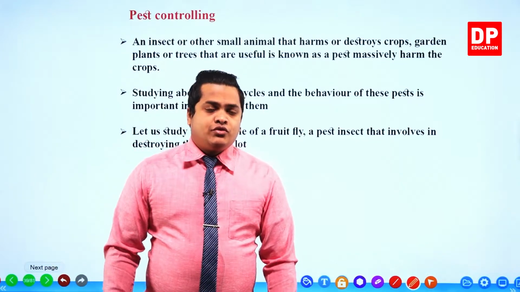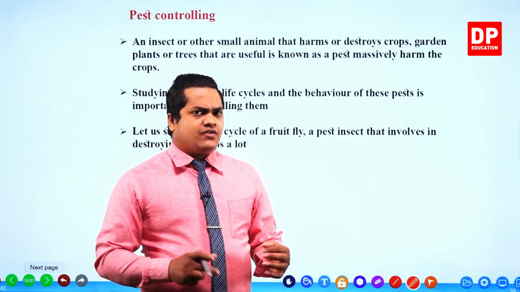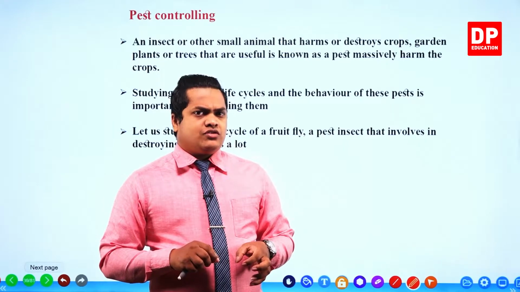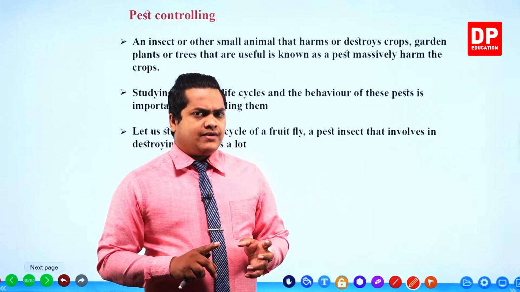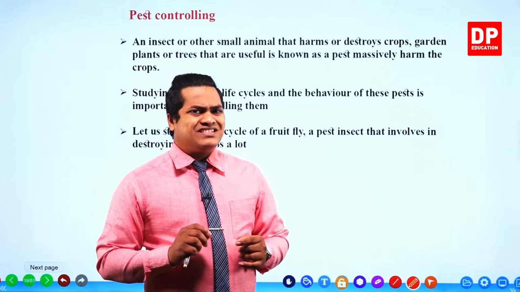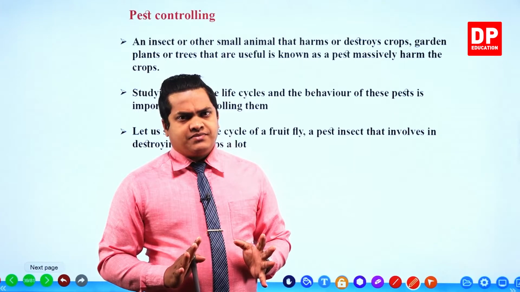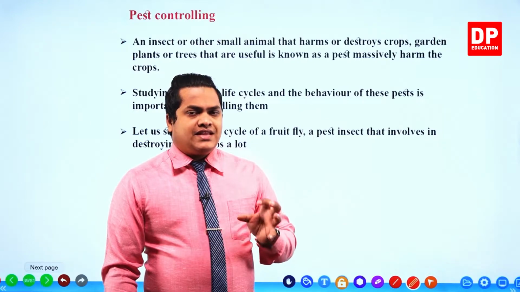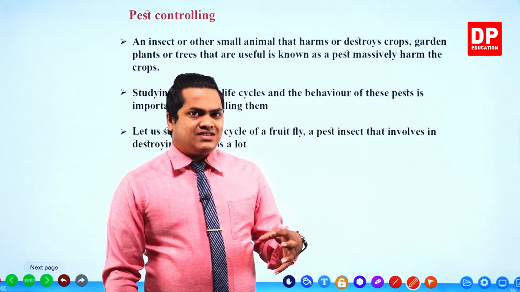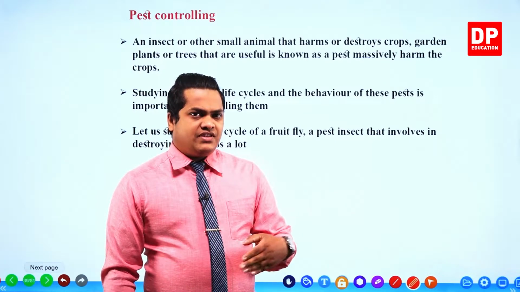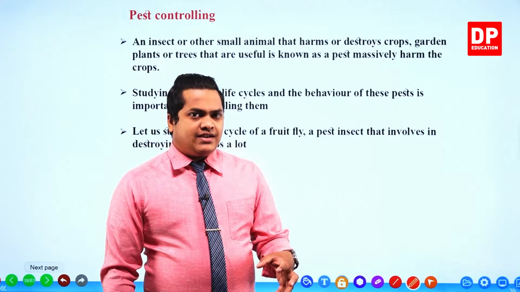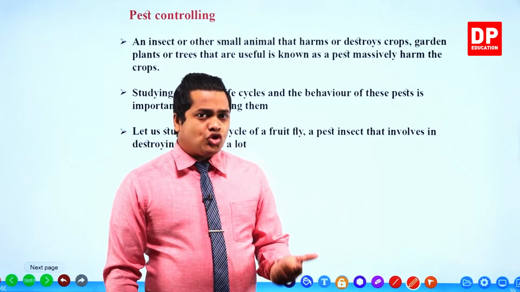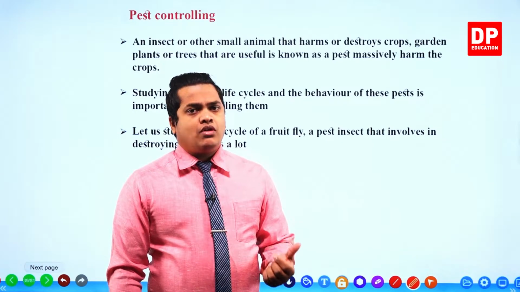Now, you know that we studied the life cycles of different organisms. By studying their features, we could get knowledge that there are certain stages of these organisms, especially insects, where it is quite easier to destroy or control the pest.